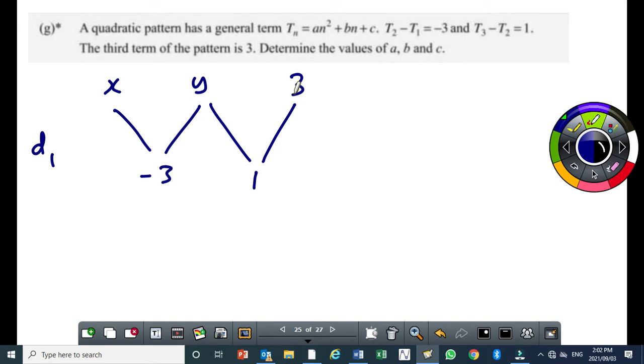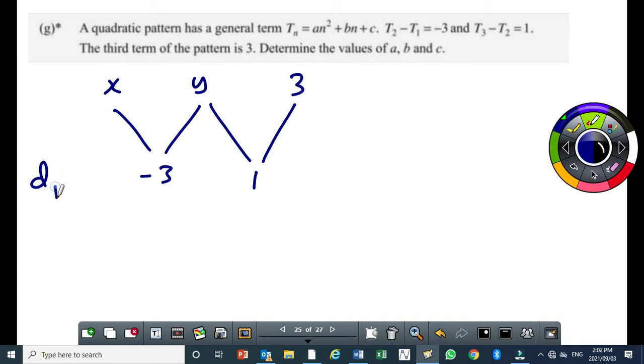Expect questions like this. Then you can work out x with that. Listen, the objective of the question is not to calculate x and y, so I'm not going to worry myself trying to calculate x and y. That's not the objective.